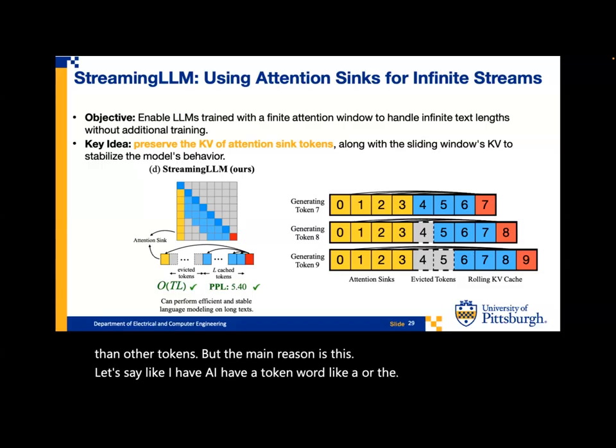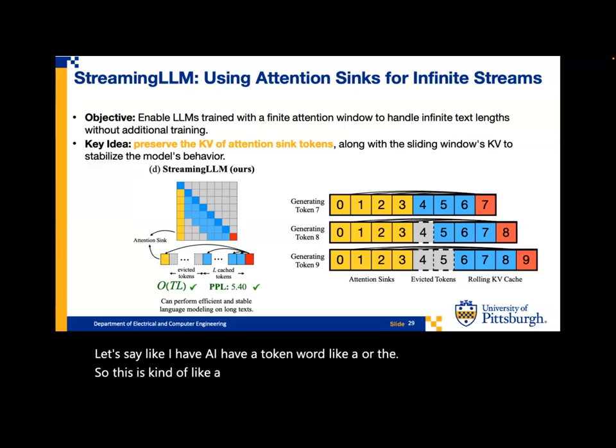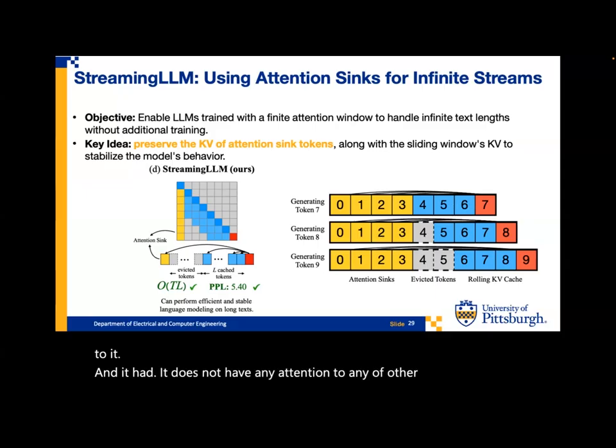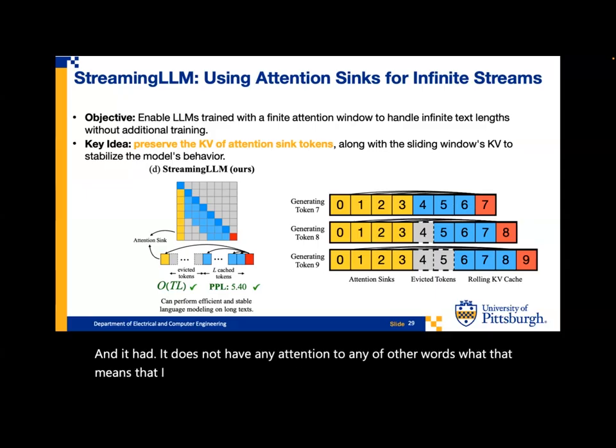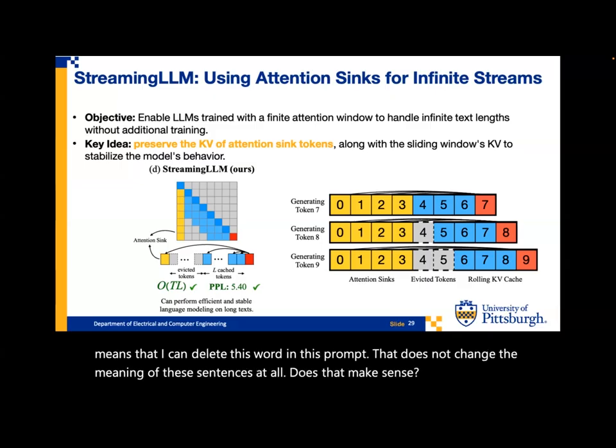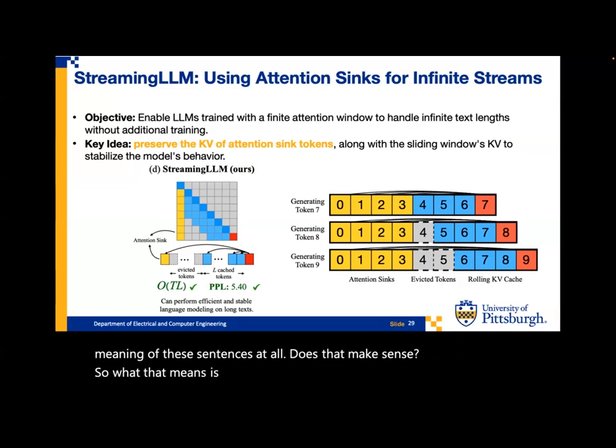This is a very common word that doesn't have any meaning to it, right? And it does not attend to any other words. That means I can delete this word in this prompt and it does not change the meaning of the sentence at all. Does that make sense? So this "a" has nobody to attend to.